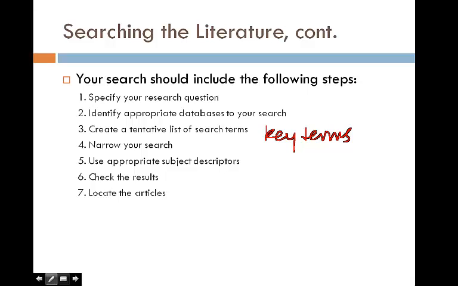Use appropriate subject descriptors, meaning key subject titles, for example, the relationship between self-esteem and job hunting experience. That subject can be very appropriate for us to study. Next one is check the results. Finally, locate the articles. So these are the 7 steps in searching the literature.